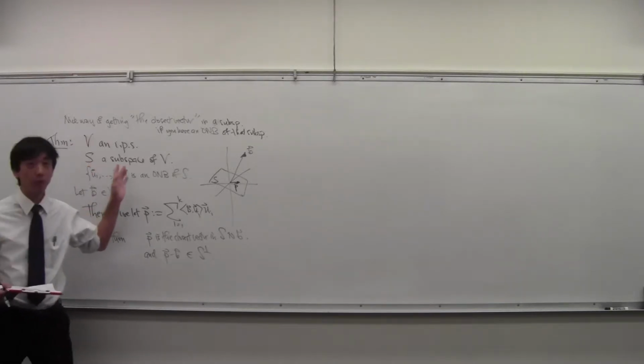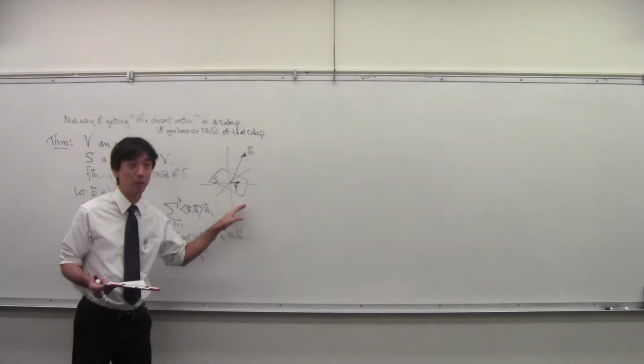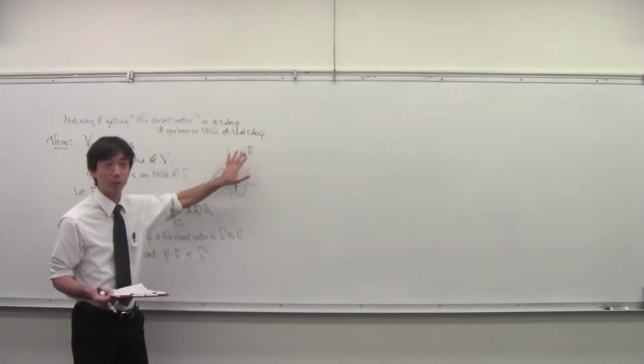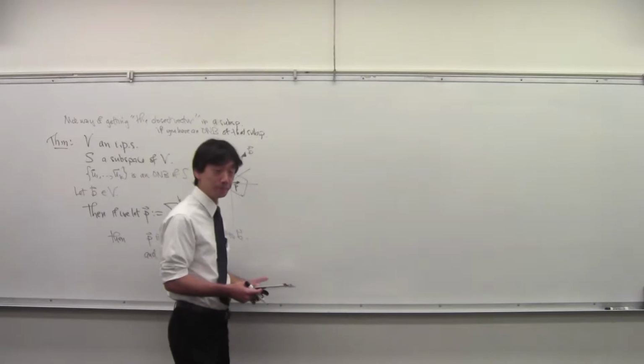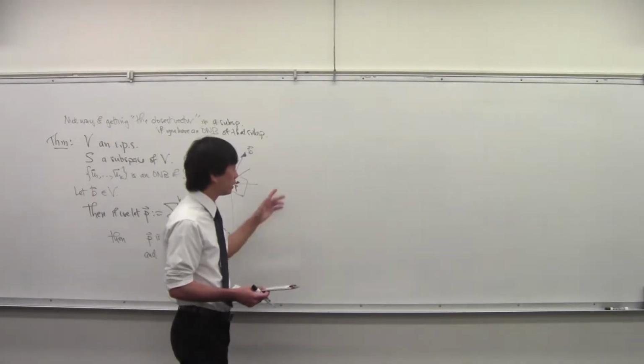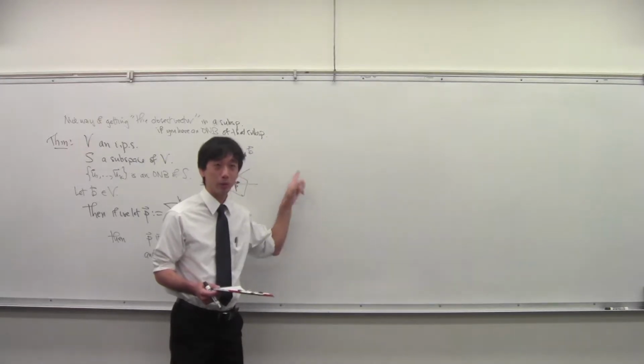Now here's the picture in Euclidean space. But remember, there is no picture, because we're actually in an abstract inner product space. So in fact, there's another picture. It's an oral picture.